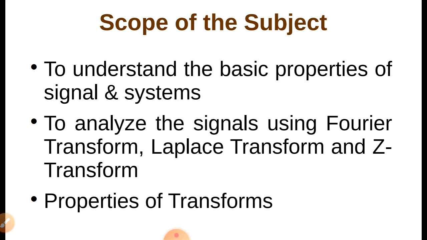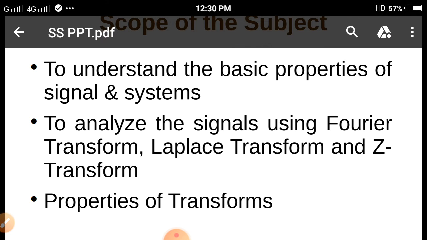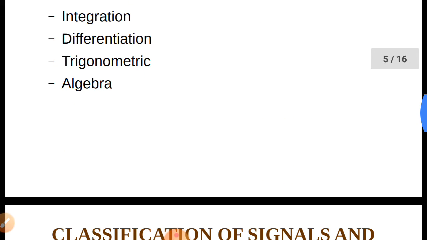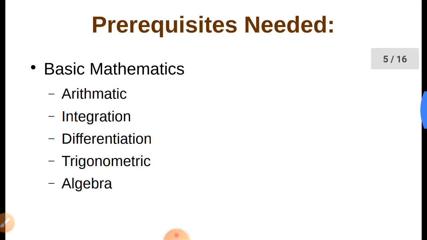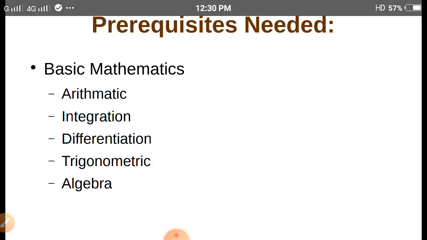The objectives are to understand the basic properties of signals and systems, to analyze signals using the Fourier transform, Laplace transform and Z transform, and the properties of the various transforms. Next, prerequisites.